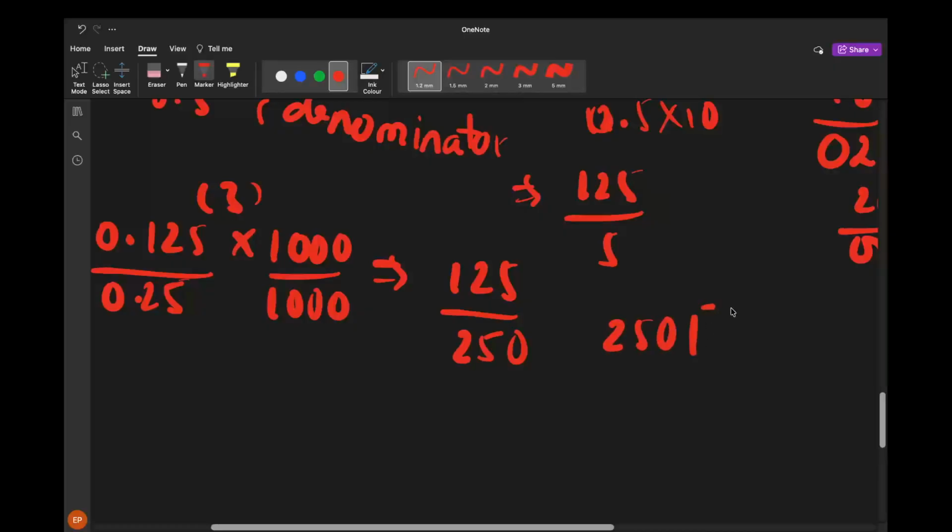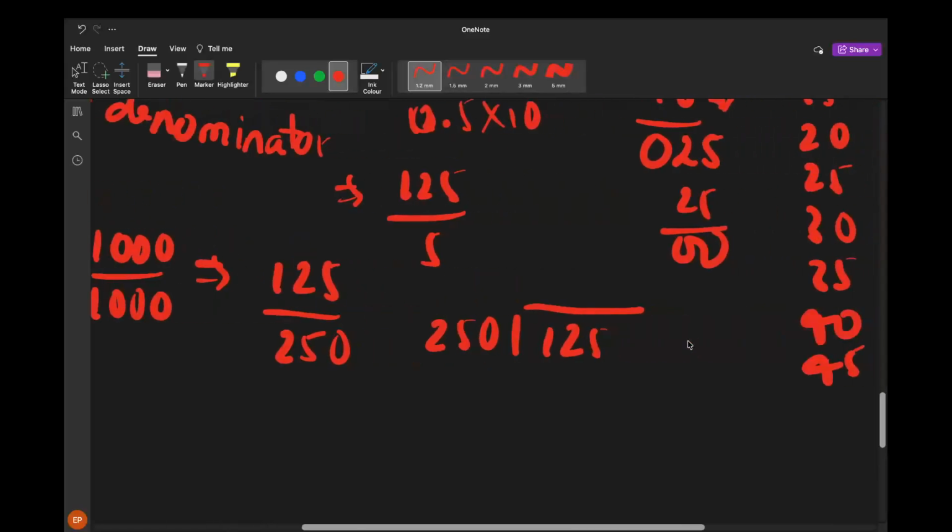So do the division now. 125 divided by 250. Better to write the 250 table here. 250, 2 into 250 is 500, 750, 1000, like that. Here, can I divide 1 by 250? No, it is smaller. 12? No. 125? No, still smaller.